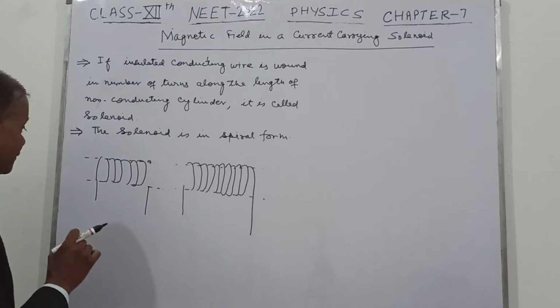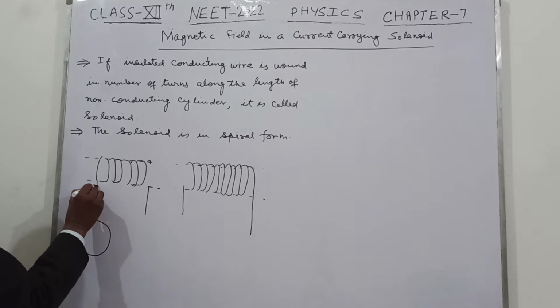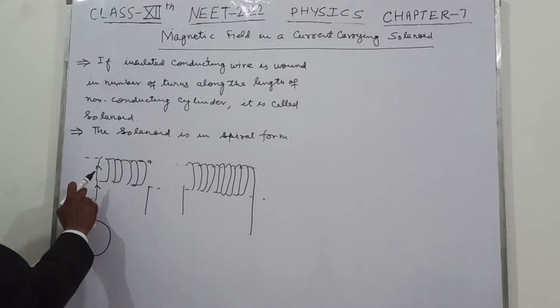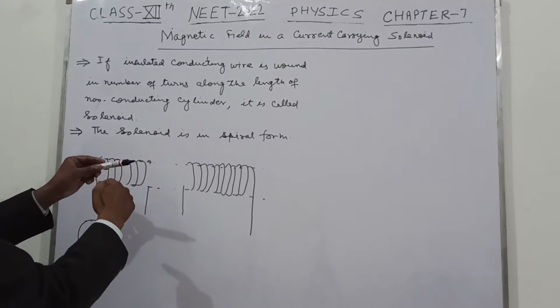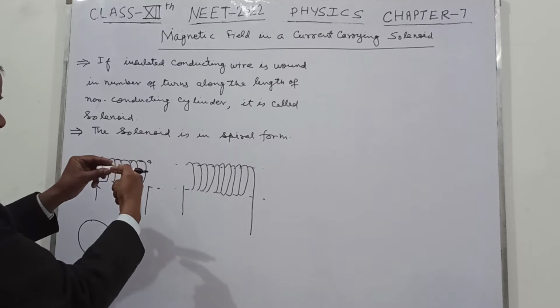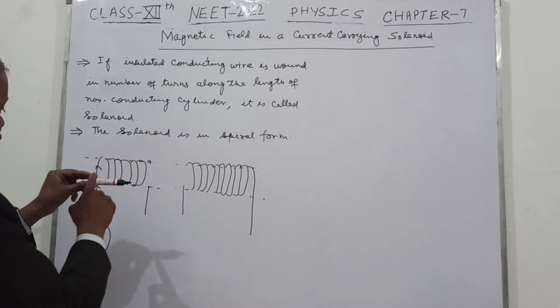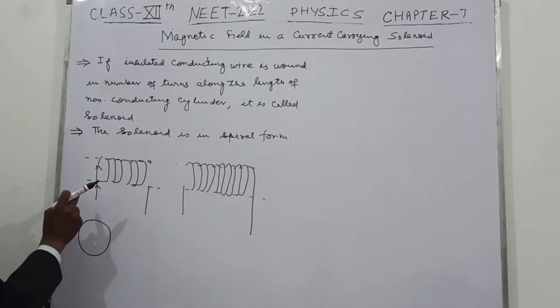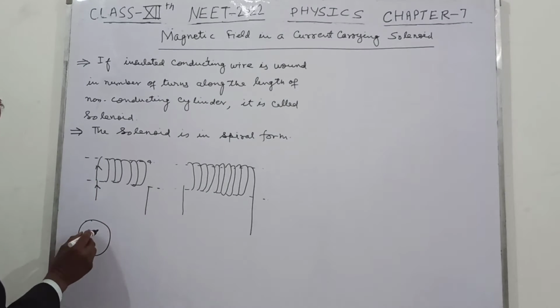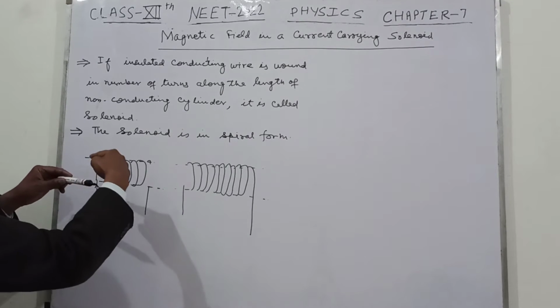So now, let's suppose I take it like this, the current is in this way, this wire is taken from outside like this, so this will be going in this way.